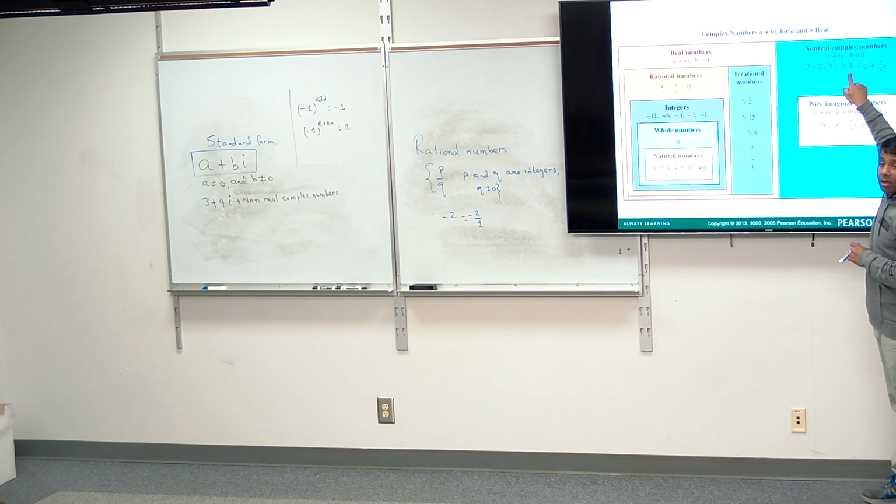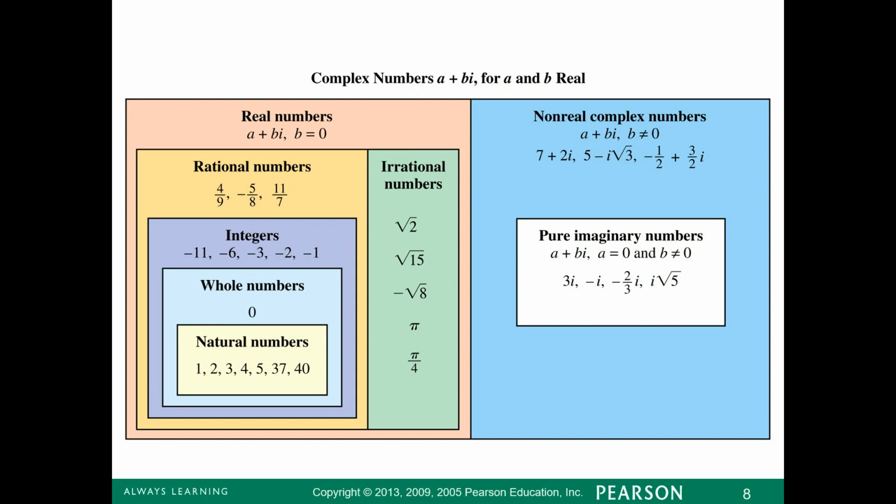And in a non-real complex number, if the real part is 0, that will make a pure imaginary number. Did you see that? Real part is 0. So that means A is 0. So 3i, -i, 4i, 5i, 6i, 7i, -100i.